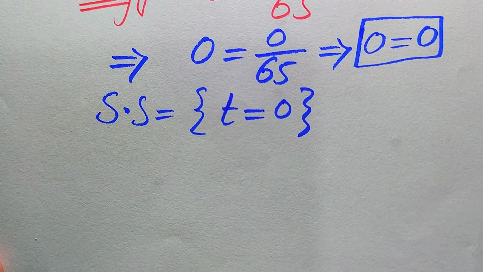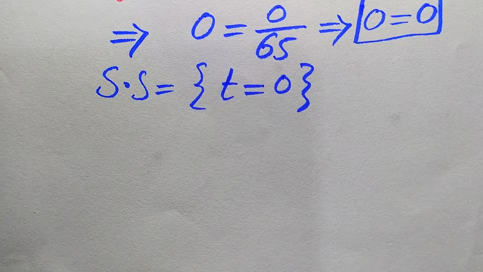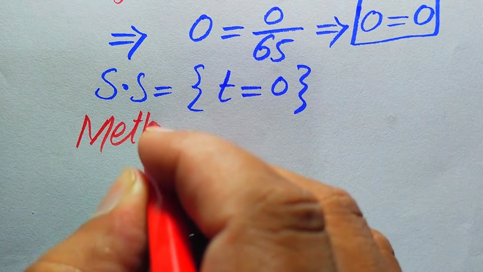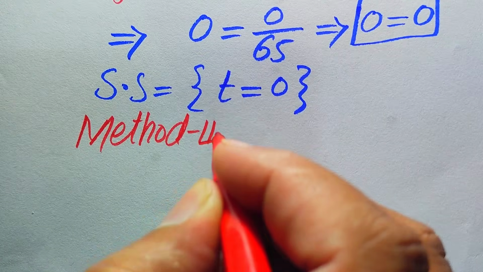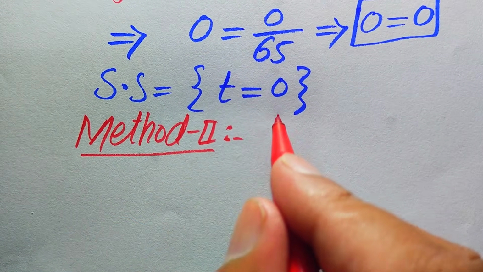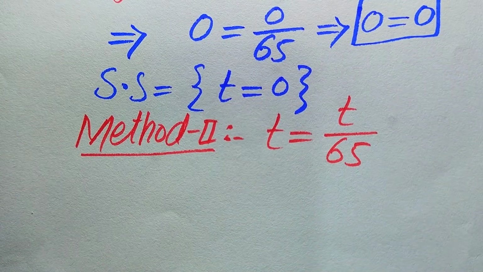This is our final answer from the first method, and now we solve this problem again by the second method. For the second method, we copy down the given question statement, which is t is equal to t divided by 65.